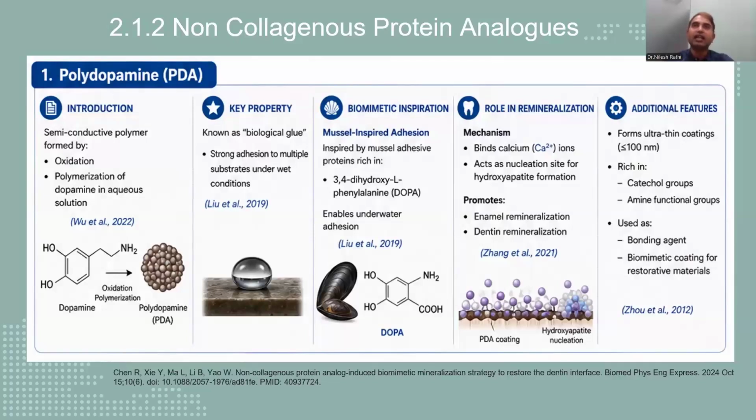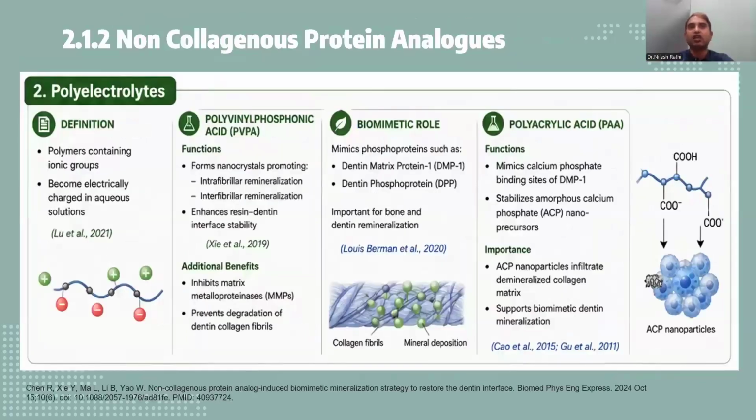The second in the category is polyelectrolyte. A polyelectrolyte is nothing but an ionic polymer, which when it comes in contact with water, will form an electrolyte. This electrolyte is released, and this released electrolyte helps us to bond the calcium and phosphate in the intrafibrillar and interfibrillar areas.